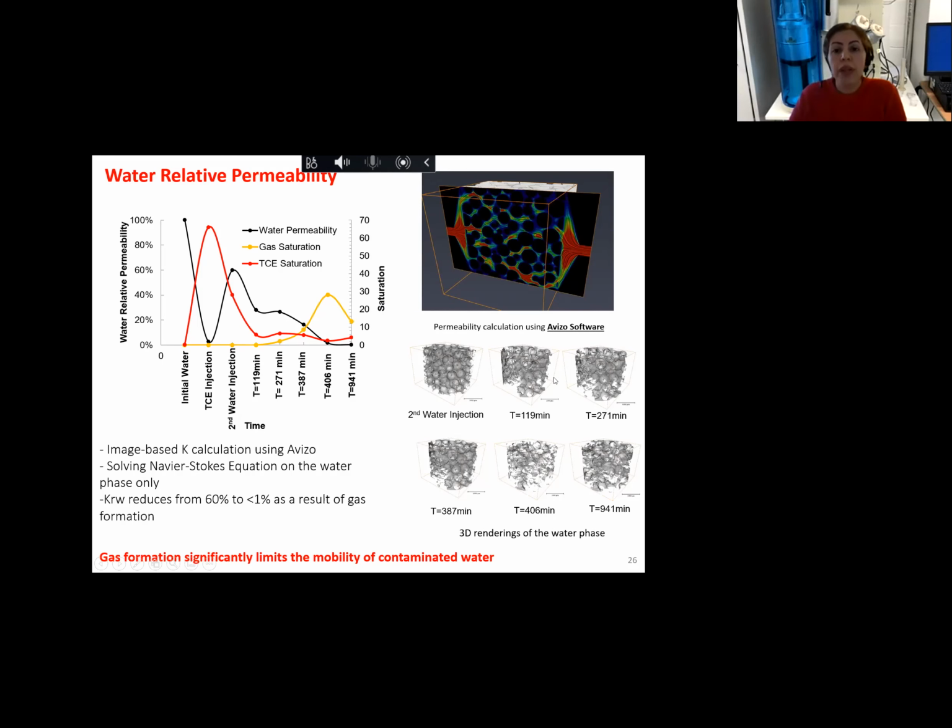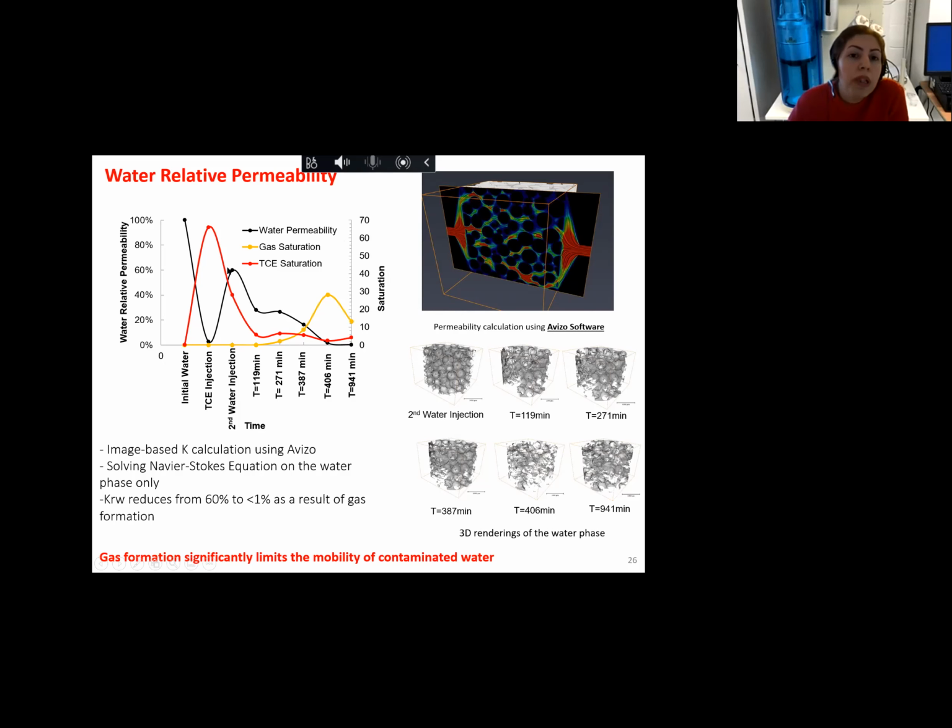In order to do this, we only looked at the water phase after all of these injection steps, and we used the binary image of the water phase, and we performed a permeability measurement using the Navier-Stokes equation. If you do that, and if you plot the water permeability, this is now shown in black. So this is water permeability.